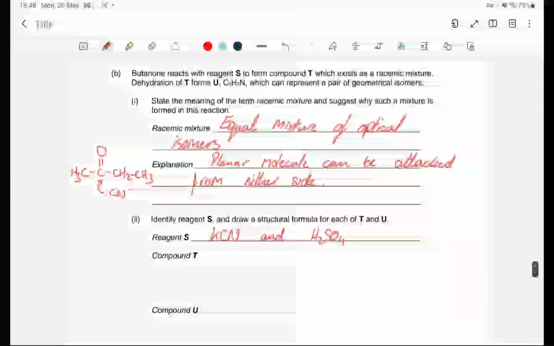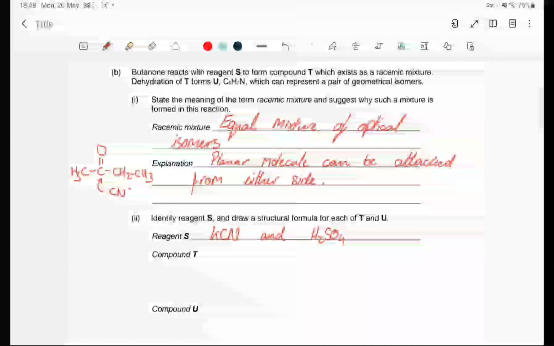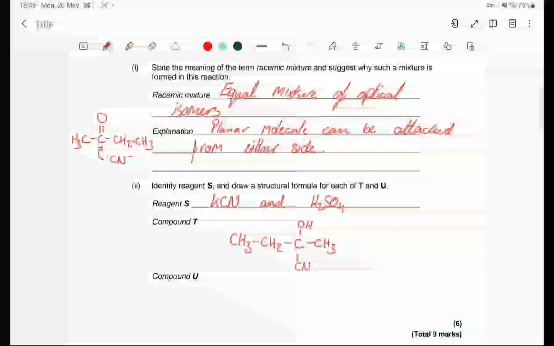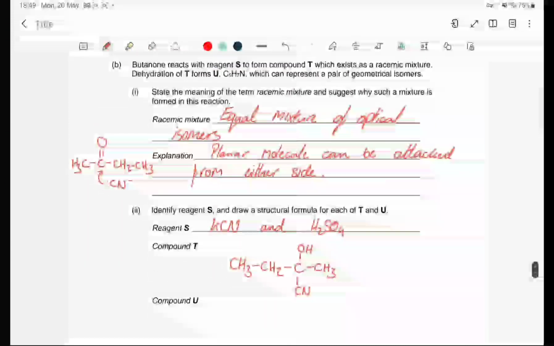Then we have to work out what T and U are. So we've pretty much already shown what's happening in the mechanism, where we're going to form that hydroxynitrile, like this. And then when we are trying to work out what's going to happen in U, we have to pay attention to the fact that we've lost the OH.